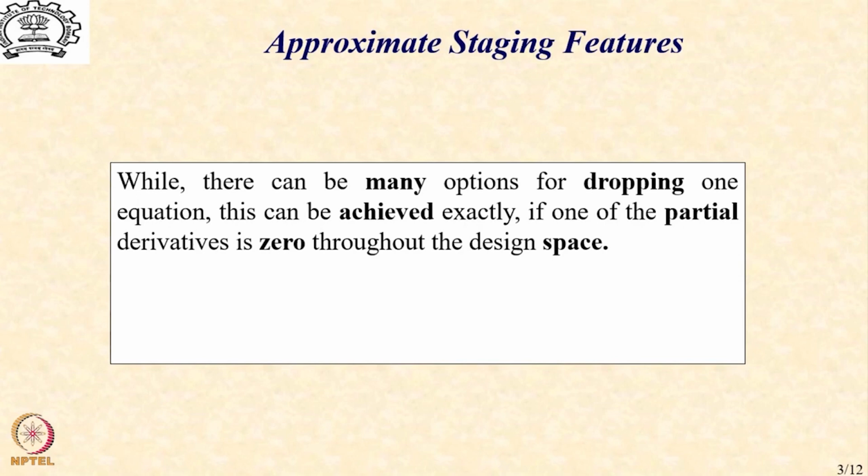Which obviously means that if we drop this partial derivative and the equation corresponding to it, there will be no error committed as far as the solution is concerned, because all other points, the remaining ones, will together pick a point which is optimal from their perspective, and it is optimal also from this particular design variable, because anyway this is the minimum value that this design variable has.